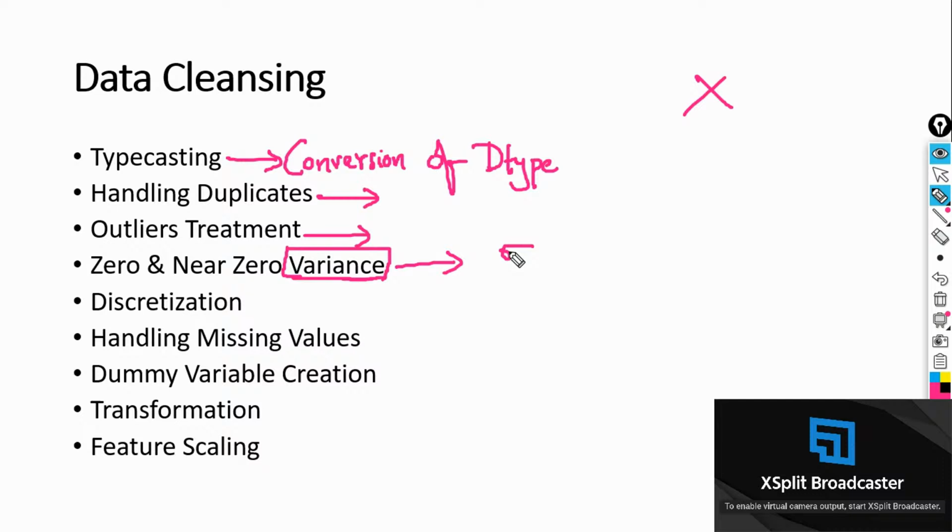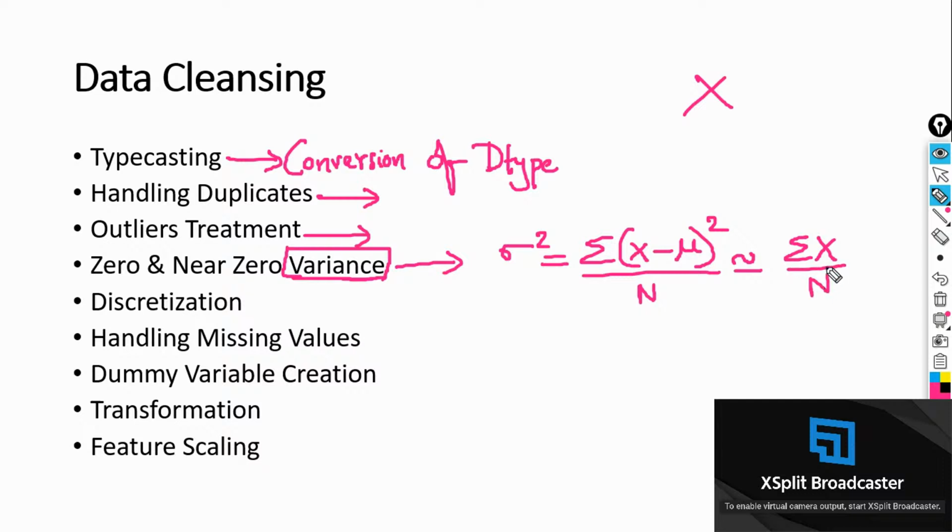Because the variance formula is given as sigma of summation of (x minus mu) whole square by n, this is approximately equal to summation of x by n. For which measure did we use this formula? Mean, yes, the average.